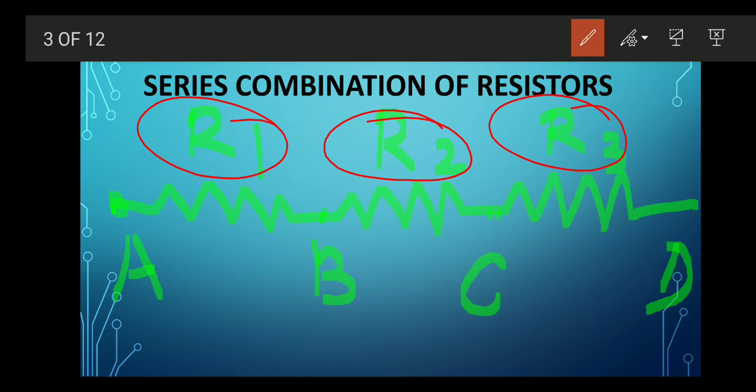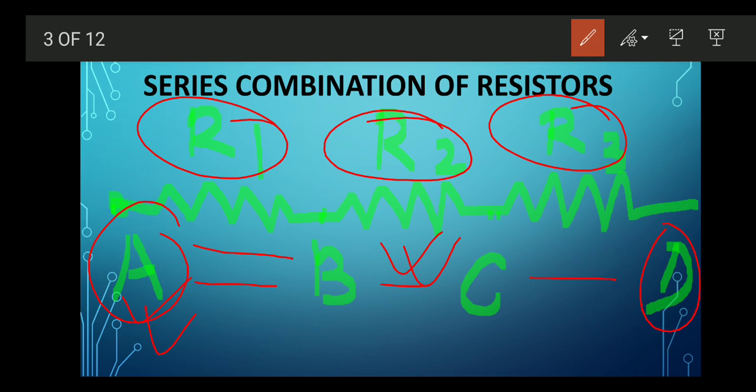Now they are connected one after the other, end to end, and you can see the three resistors R1, R2 and R3 are connected in series between the points A and D. You can see this place that one end of resistor R1 is connected to the point A and its other end to the resistor R2.